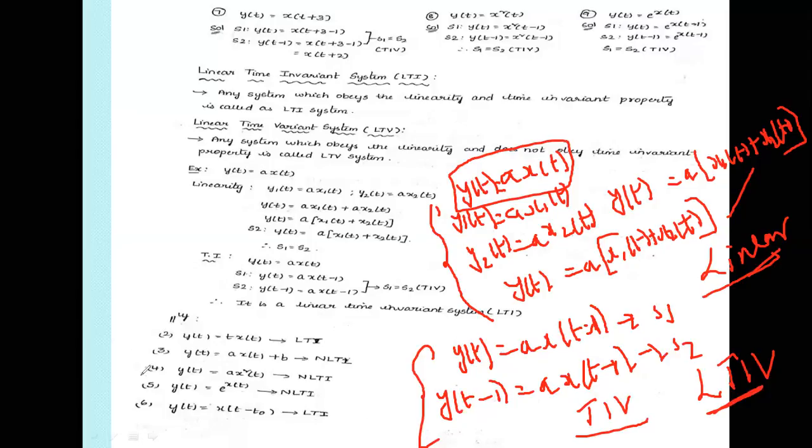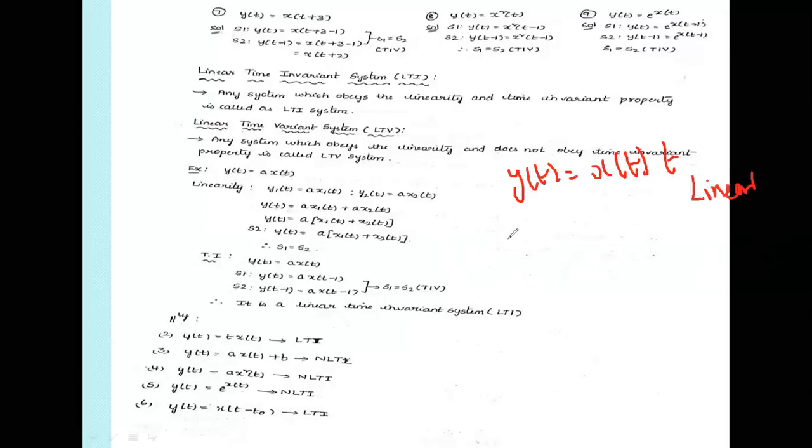Similarly, the other example here is y of t is equal to t into x of t. In the linearity check, the signal is x1 plus x2. You can add the signals before giving them to the system, or give them individually and add the outputs. Both give the same result, so it is definitely linear.